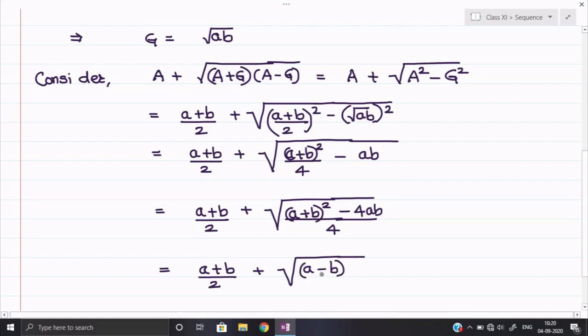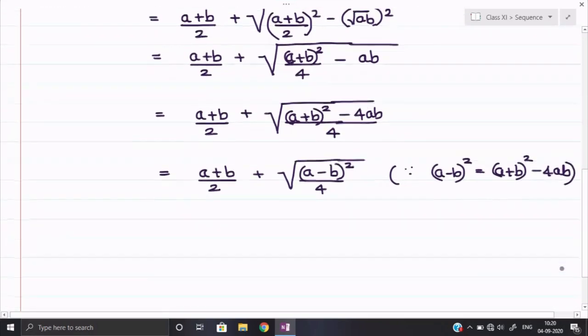So (a minus b) whole square, and upon 4 will be as it is. Since (a minus b) whole power 2 is equal to (a plus b) whole power 2 minus 4ab, this is a formula we know. So directly, why should we not apply it.